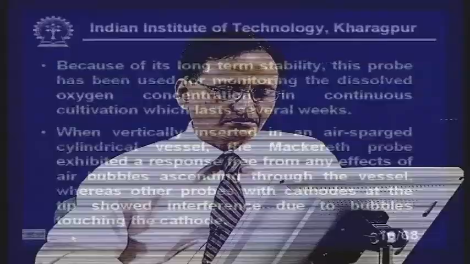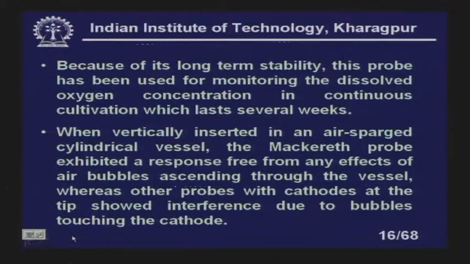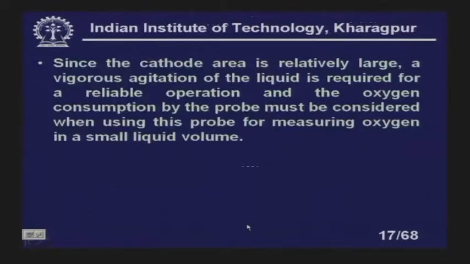That is the most important thing which you should consider, that problem does not arise if you use a McCareth electrode. So, the McCareth probe exhibited a response free from any effects of the air bubbles ascending through the vessel, whereas other probes with cathodes at the tip showed interference due to bubbles touching the cathode. So, this is again a problem in the others.